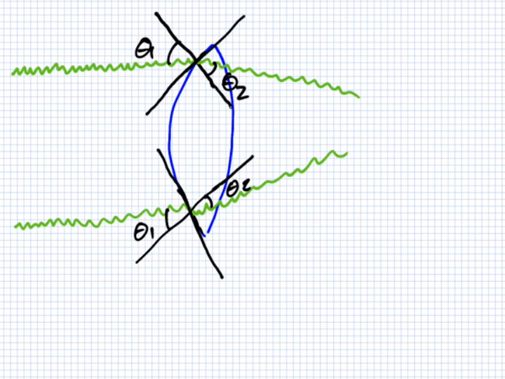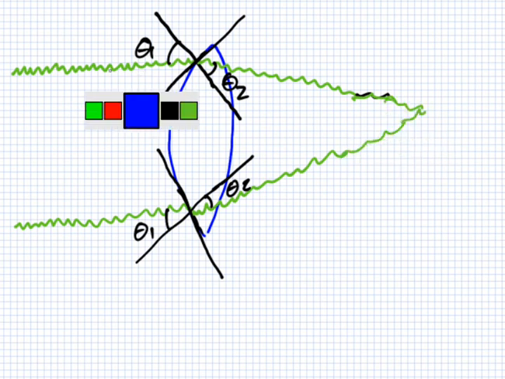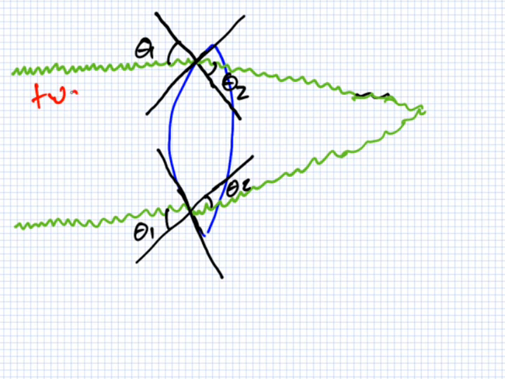So theta 1 equals C, theta 2 equals 90, N1 is N1 and N2 is N2. So Snell's law: sine theta 1 over sine theta 2 equals N2 over N1.